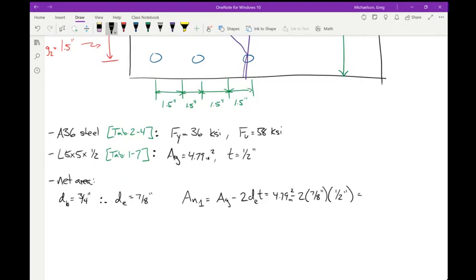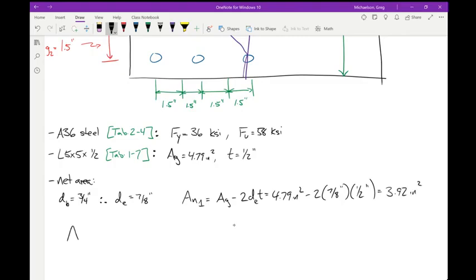And so what do we got for our first net area? Let me rewrite that because that's kind of squished. It's going to bug me if I don't do that. Okay, that's what I got. All right, so that is 3.92.